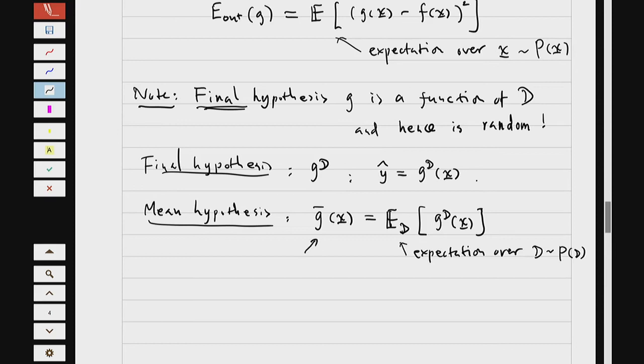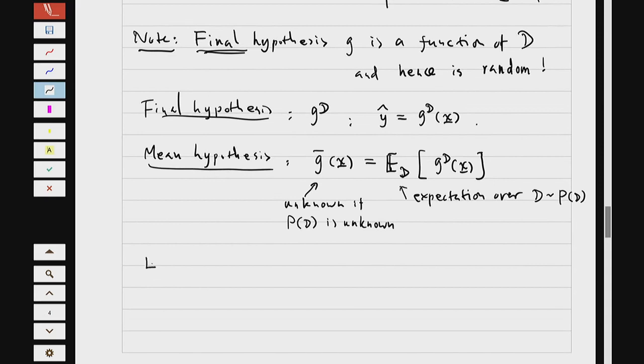Notice that this is unknown in general, because we don't know our data distribution, and that's our general assumption anyway.